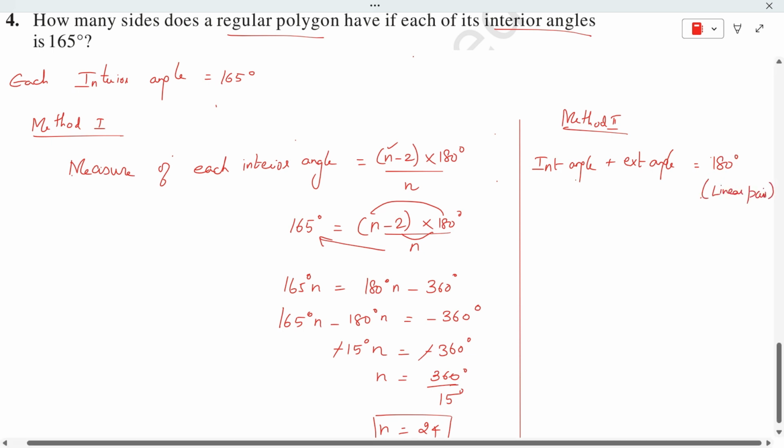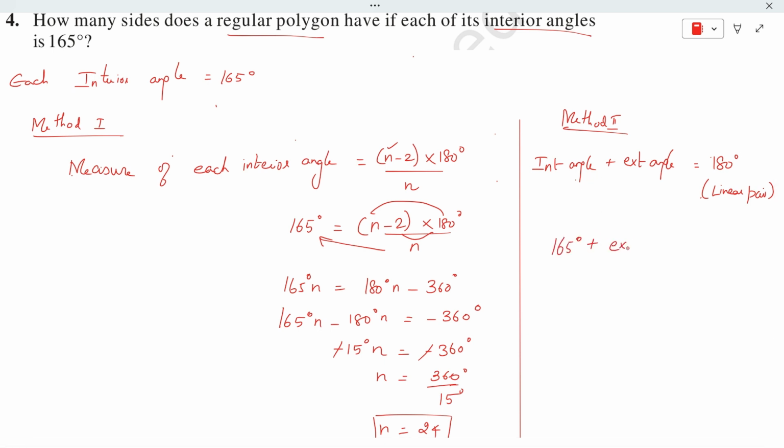I know the interior angle which is 165 degree at one vertex point I am talking about, plus exterior angle is equal to 180. So exterior angle is going to be 180 minus 165 degree, which is going to be 15 degree. This is nothing but the measure of each exterior angle because it is one vertex point, right?